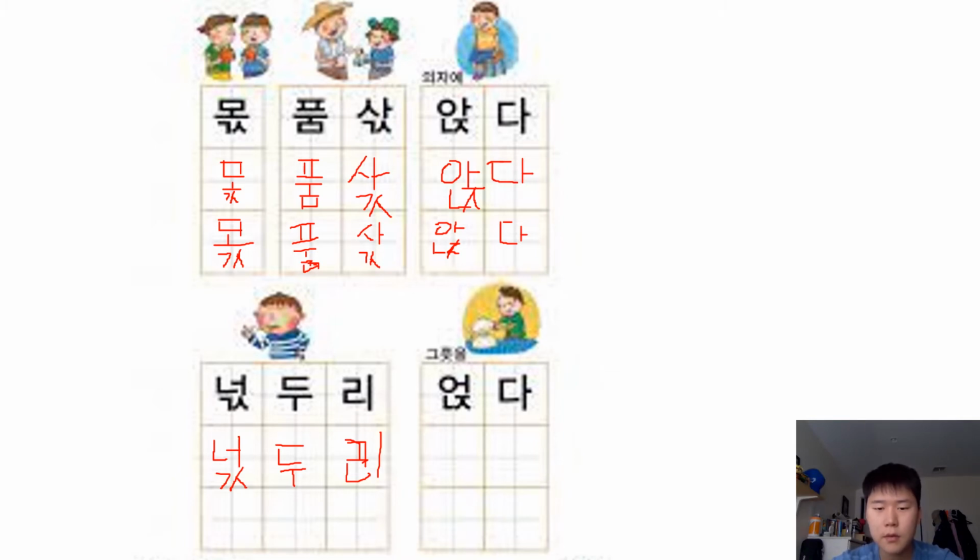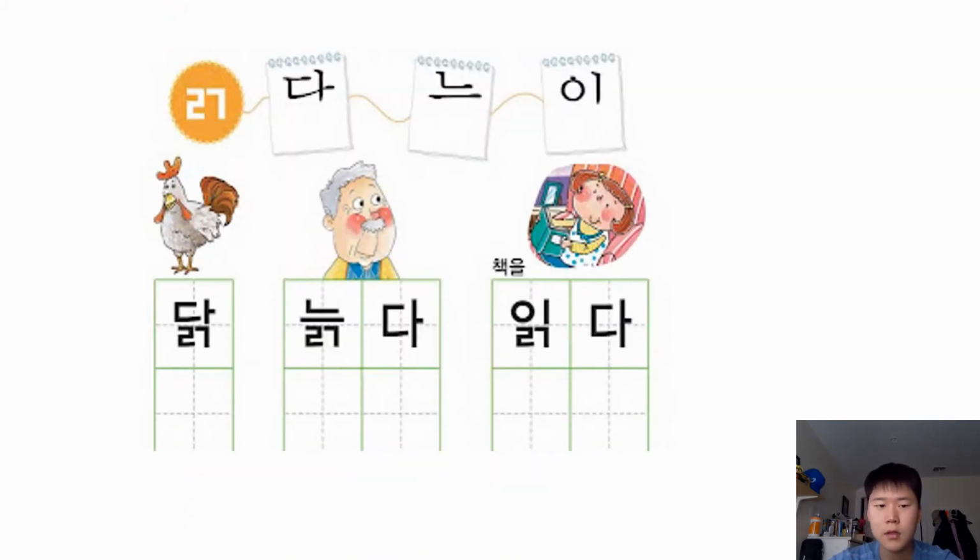Which means to put on top, to put on something. So this person is putting something on top of another thing. So let's write it once. On top. Okay.